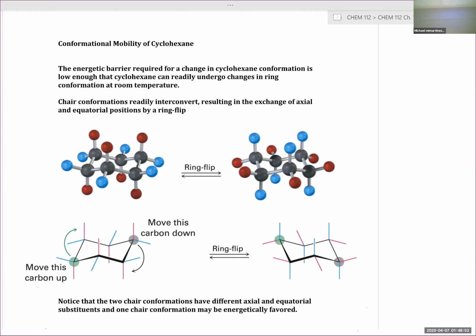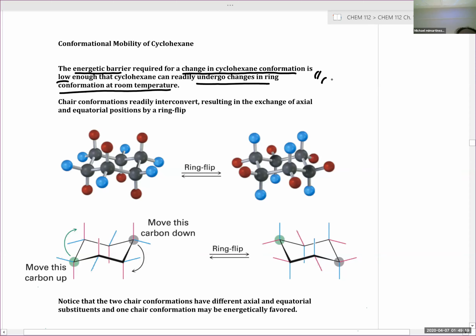That's because the barrier to rotation is relatively low, so at room temperature, our molecules have enough energy to rotate about the carbon-carbon bonds. By the same token, the energetic barrier required for a change in conformation for a cyclohexane ring is low enough that it can undergo changes in ring conformation at room temperature, a quote-unquote ring flip.